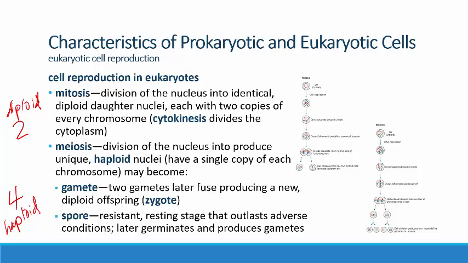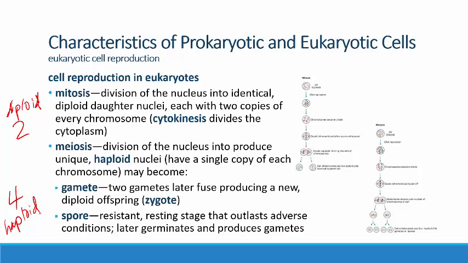So through meiosis, we can produce either gametes, which then later on fuse to produce a diploid offspring, or we can produce a structure called a spore. And this is a process that we see primarily in the fungi. And a spore is a resistant resting stage that can outlast adverse conditions, and later on it will germinate.